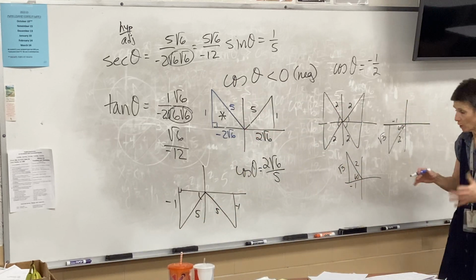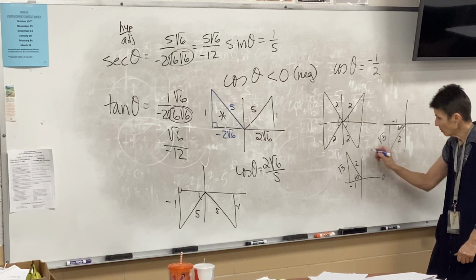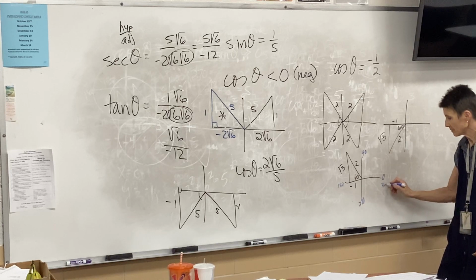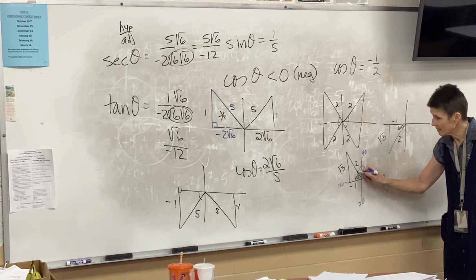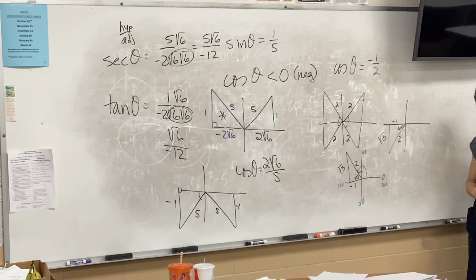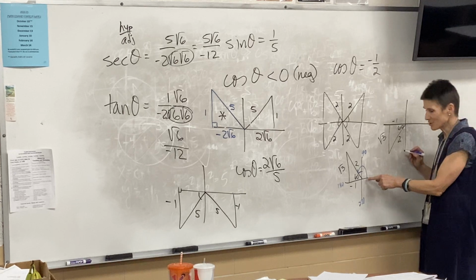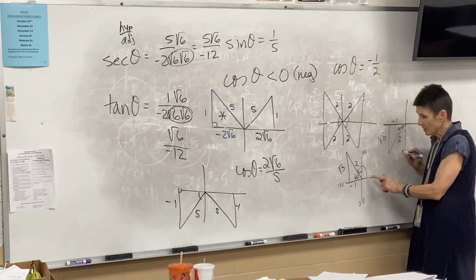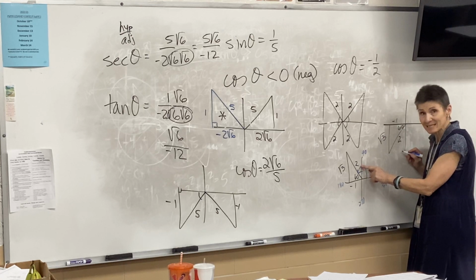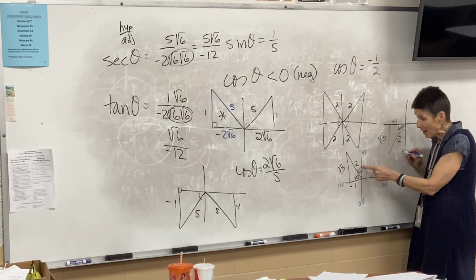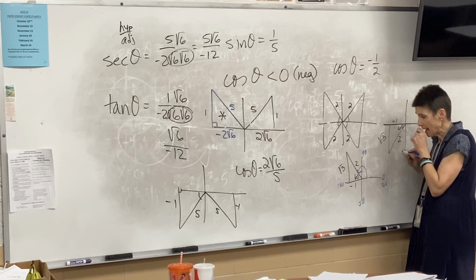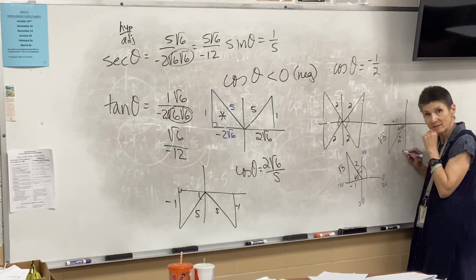Remember, our framework is 0, 90, 180, 270, 360. This, my friends, is the answer. You must start measuring your angle at 0. So you're going to go up past 90 until you get to here. That blue thing is the answer to the question. Now, tell me this.